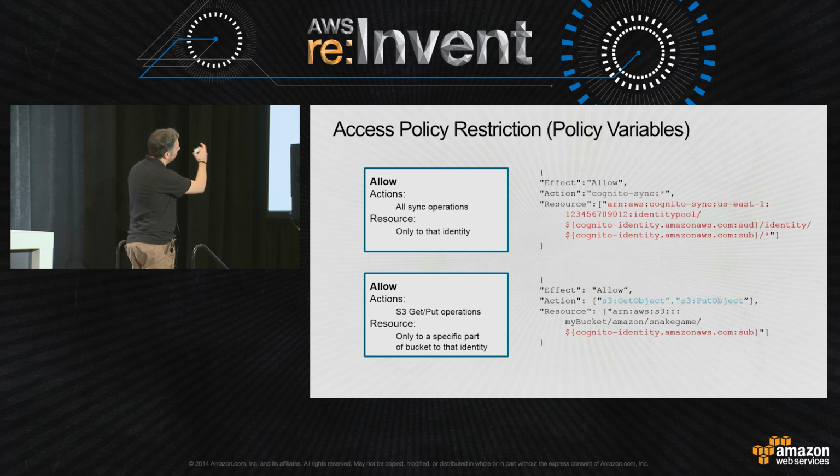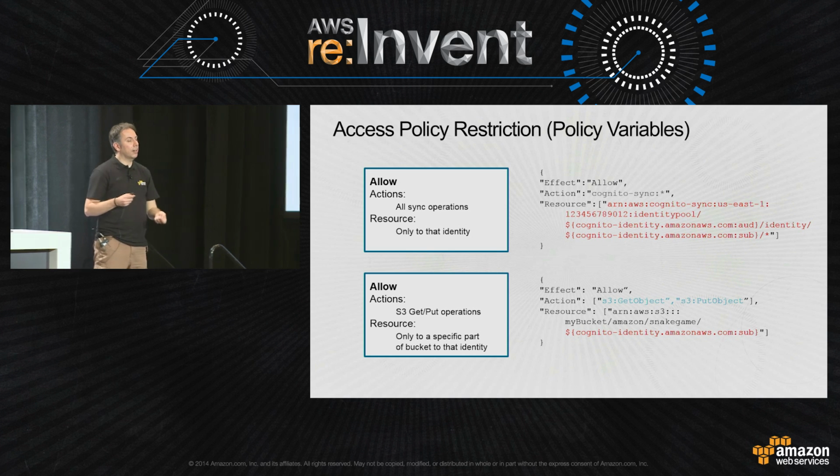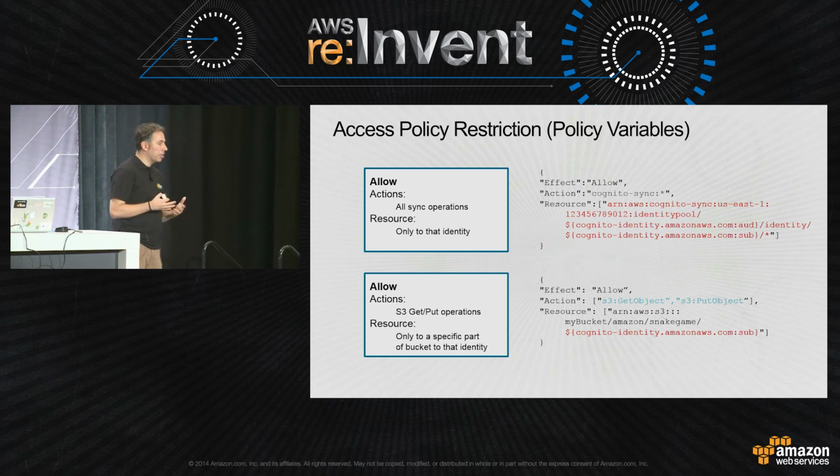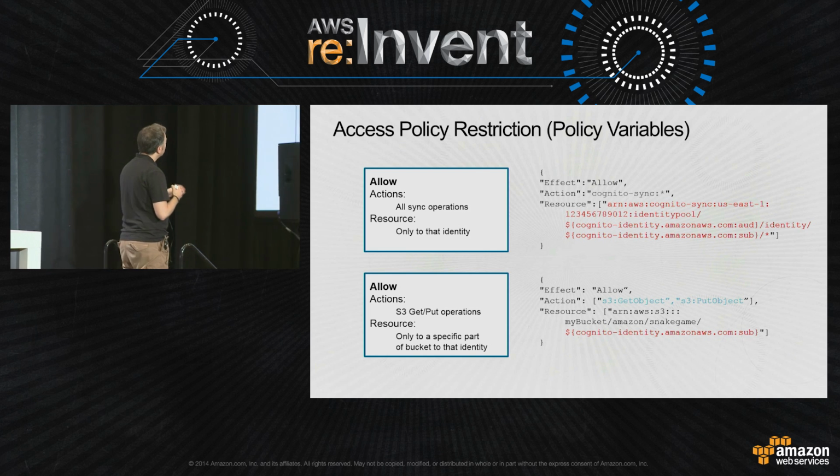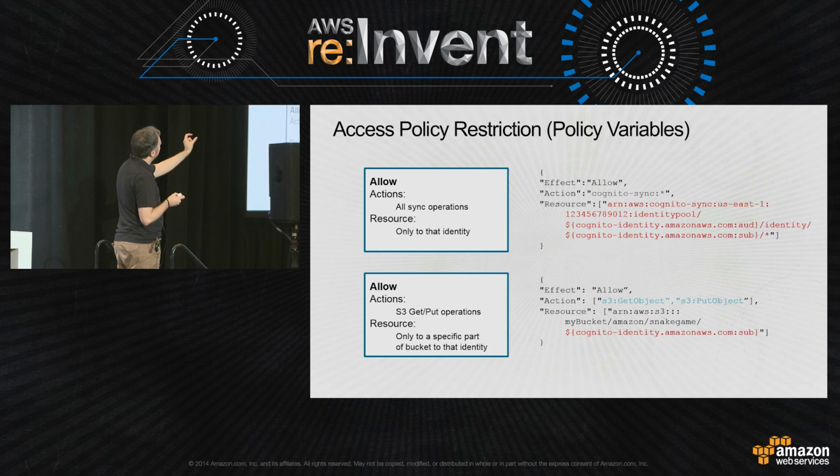So this is everything that starts, you see under resource there is ARN. Everything that starts with ARN is an Amazon Resource Name, so it's a way we use to identify a resource within AWS. So only that identity pool, then cognito-identity.amazonaws.com:aud.